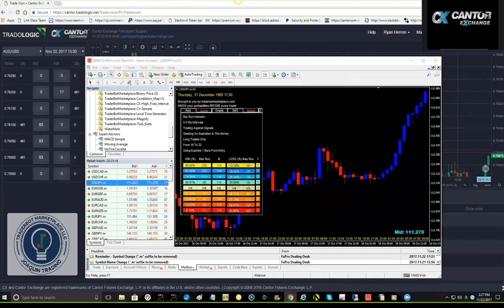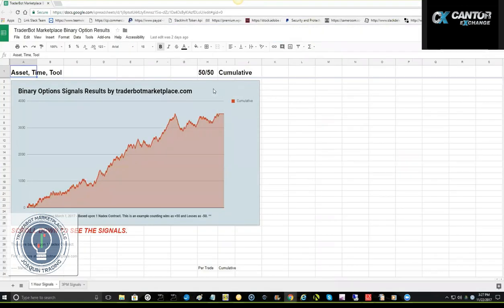Now you have to take what I'm getting ready to show you with a grain of salt, because the vast majority, 85% of these, are using bar run, but some of them do use other indicators. So here are the binary options signals results on whether it closed up or closed down.